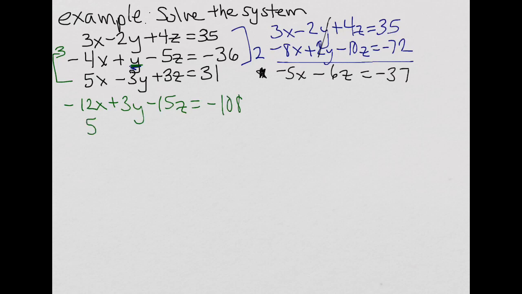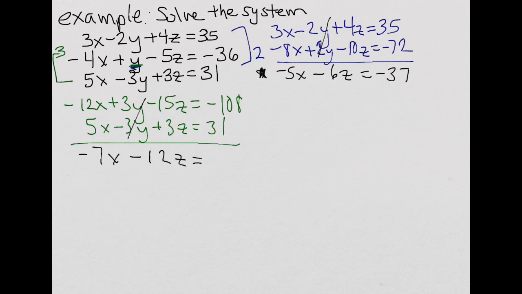And then the second equation will stay the same. And we add the two equations together, and we will get negative 7x, y's cancel, minus 12z is equal to negative 77. And that's my other equation that I'm going to use for my sub-problem.